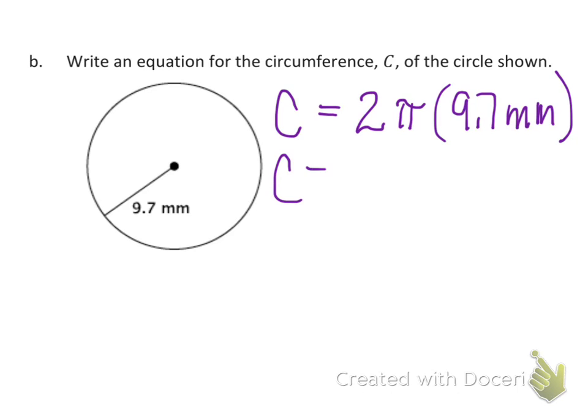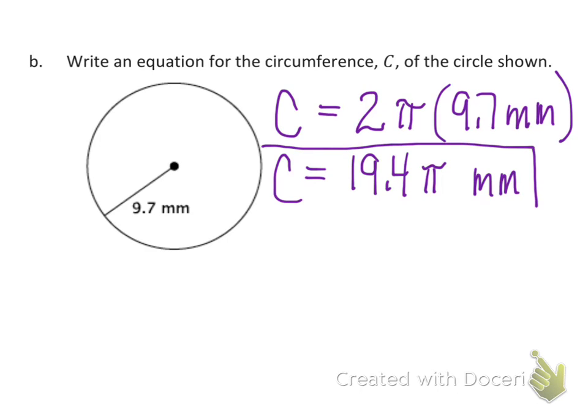So we can take the 2 times the 9.7 to have that constant out front, and that would be 19.4 pi millimeters. Okay, so that's the circumference of that circle. And again, we left it in terms of pi. That's an exact answer.